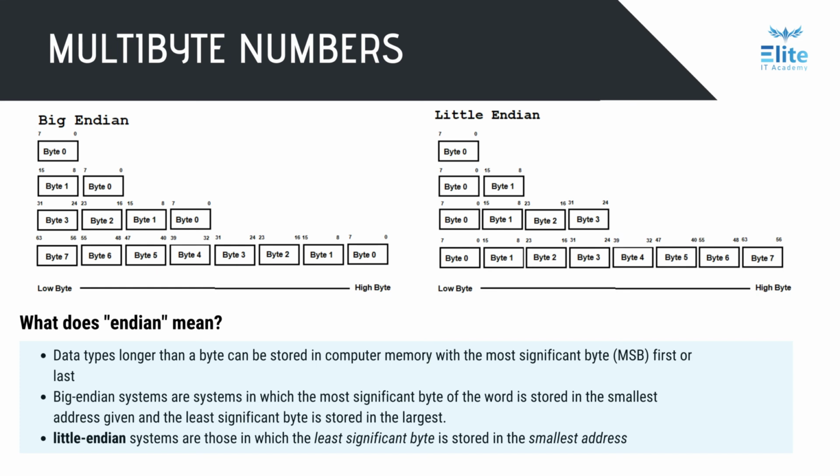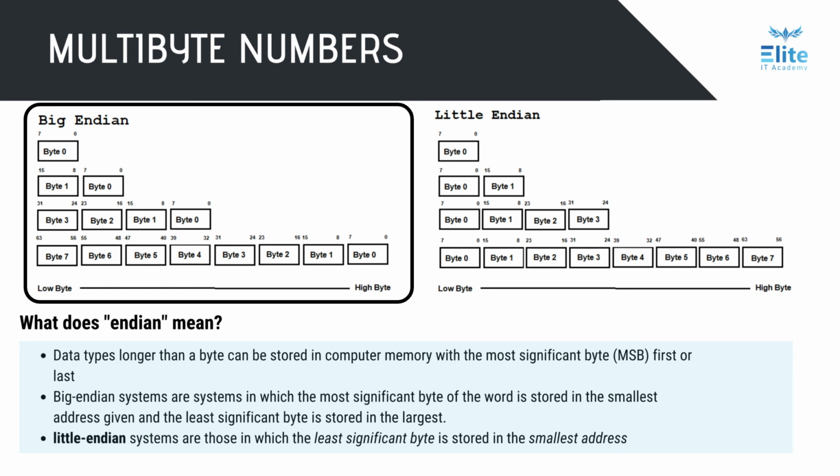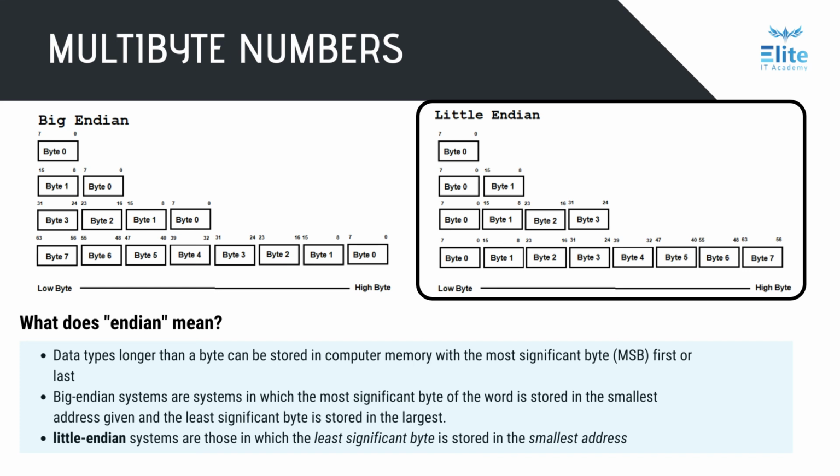In signed numbers, the most significant bit is the sign bit. If this sign bit is 1, then the number is negative. In multi-byte numbers, it is also essential to understand how it is laid out in memory. There are two formats of multi-byte number layouts, the Big-Endian format and the Little-Endian format.